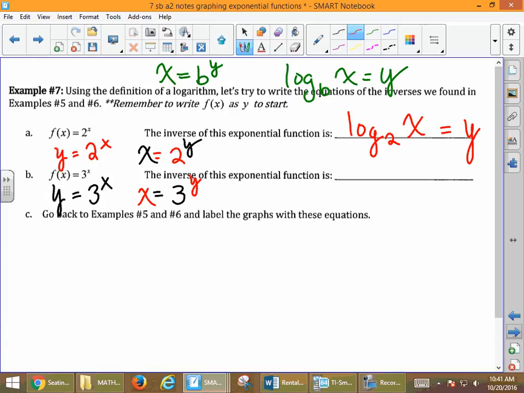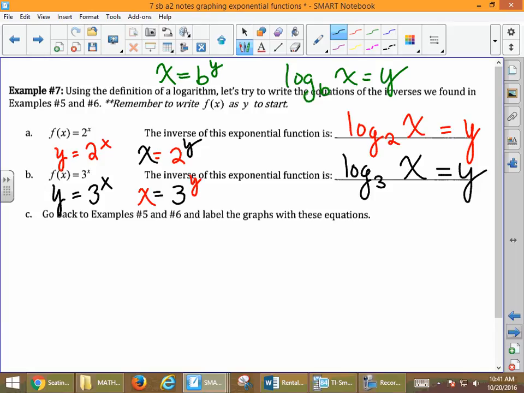And we want to put that in logarithmic form. So this time it's going to be log, what's our base? 3. Log base 3. Our exponent is y, so we're going to set that equal to there. And then we're going to put our x here.